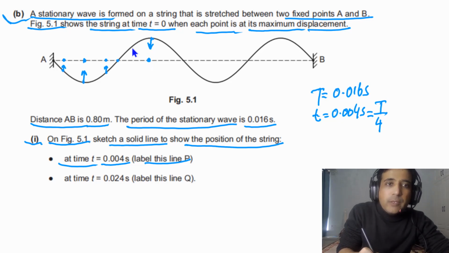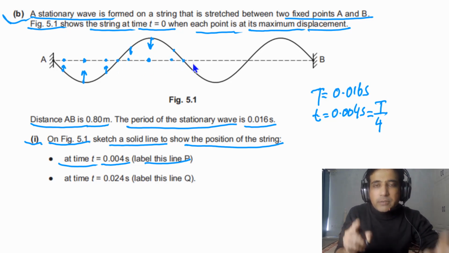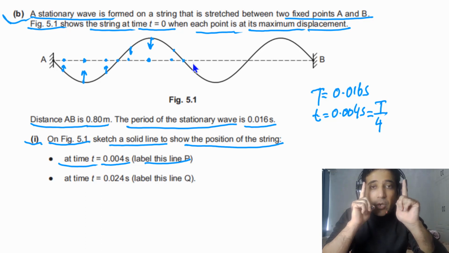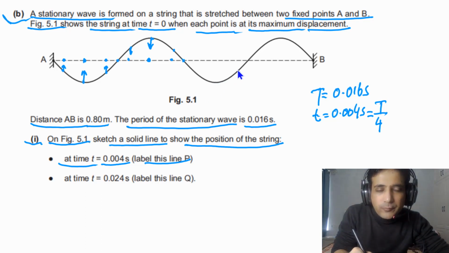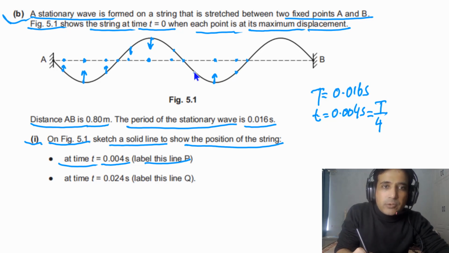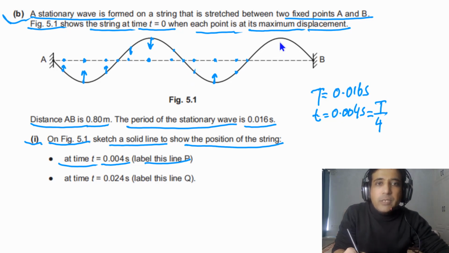And it is also true for other particles in this loop, between these two nodes. You can also take a particle here, after T by 4, this will come here, because all the particles between two nodes are always in phase. If you look at this loop, between these two nodes, the particle at the bottom, after T by 4, will be here, and the particle on the string at this point, after T by 4, will be here at equilibrium. And the same is true for this one.